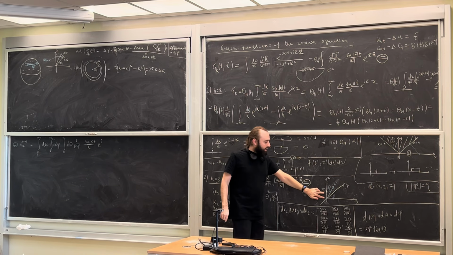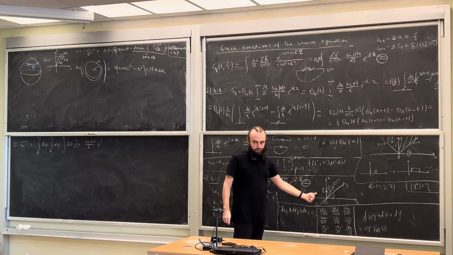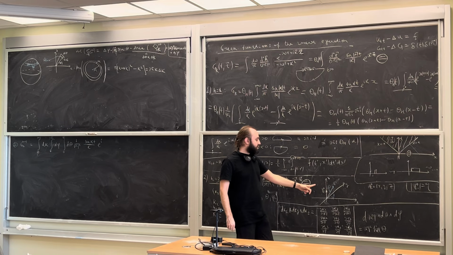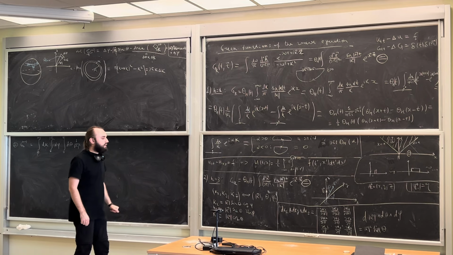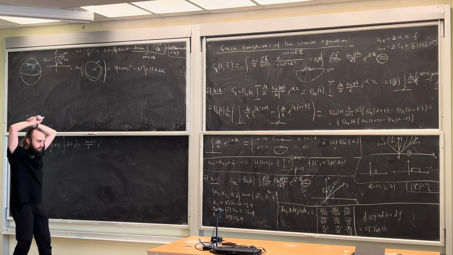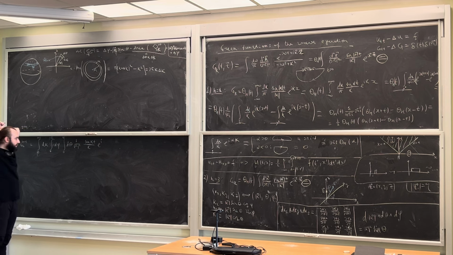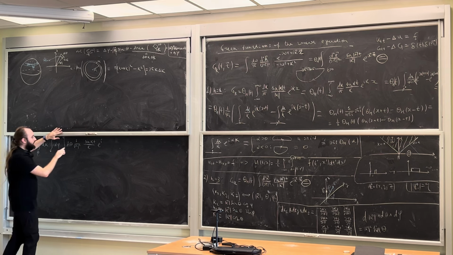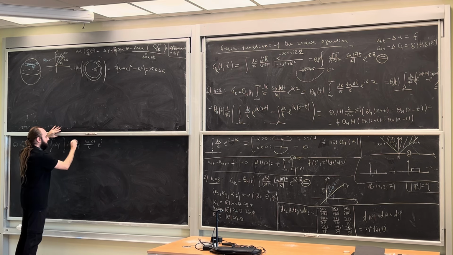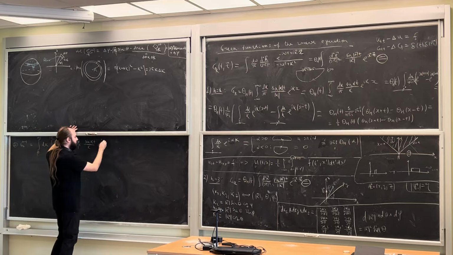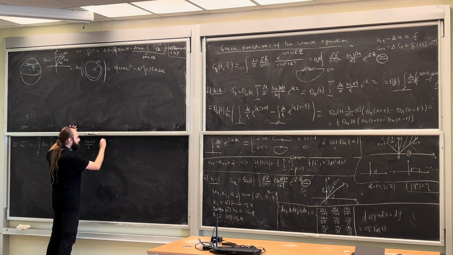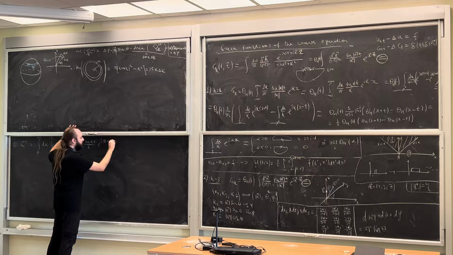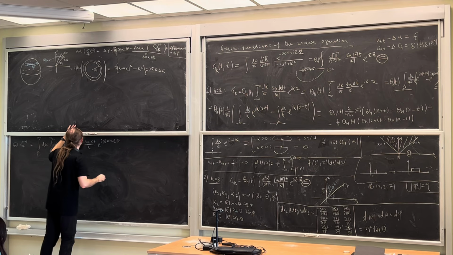If we choose spherical coordinates like this, choosing the z axis parallel to r, it is i times r times the absolute value of k times cos of theta, i r k cos theta.